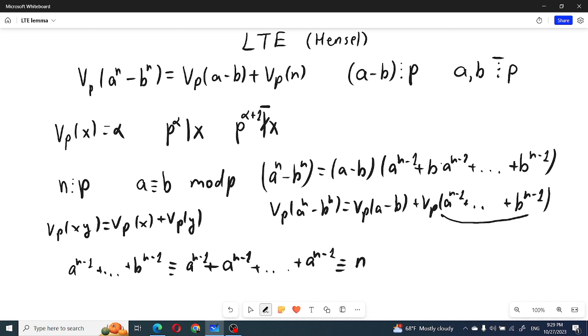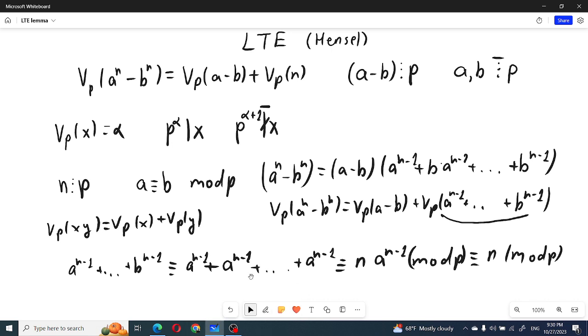So this must be n times a to the n minus 1 mod p. Because we know that a to the n minus 1 is not divisible by p, this equals n mod p. So we can conclude that this formula is correct for every number n if n is not divisible by p.